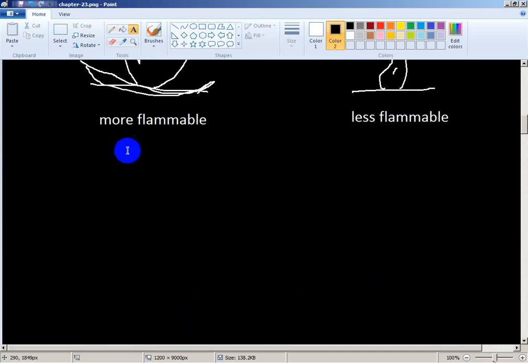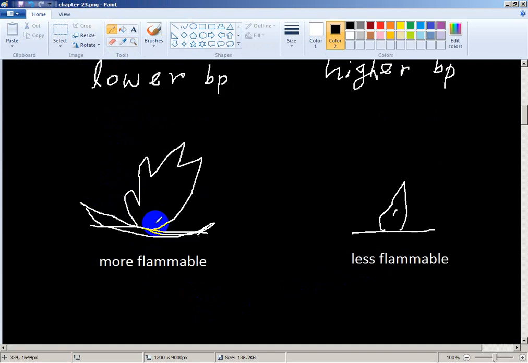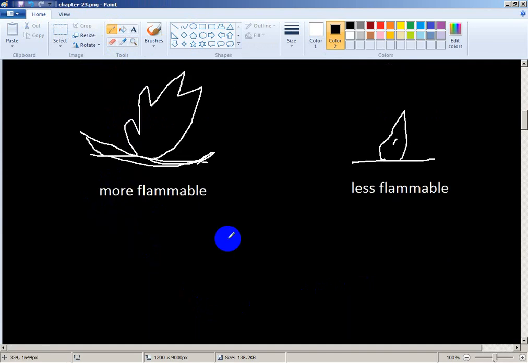Another property: smaller chain molecules like methane easily become gas.